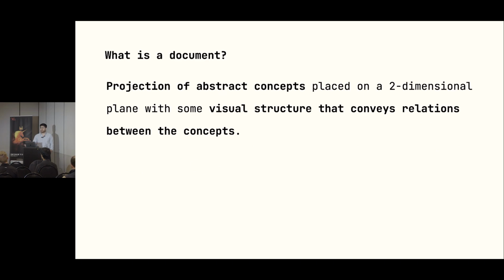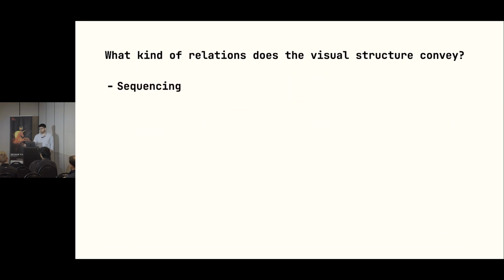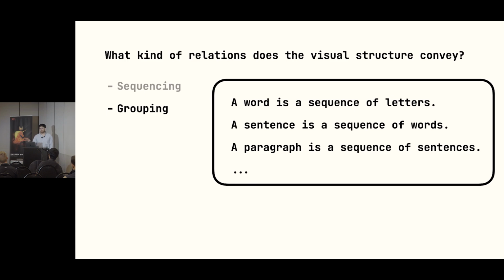So what kind of relations do these visual structures provide us with? The first one is, of course, sequencing. A word is a sequence of letters, a sentence is a sequence of words, a paragraph is a sequence of sentences. The second one is grouping.